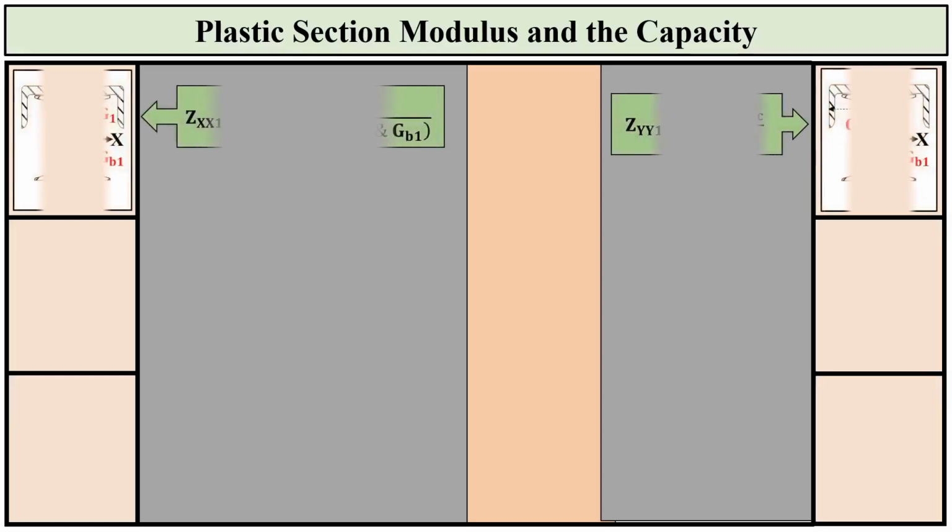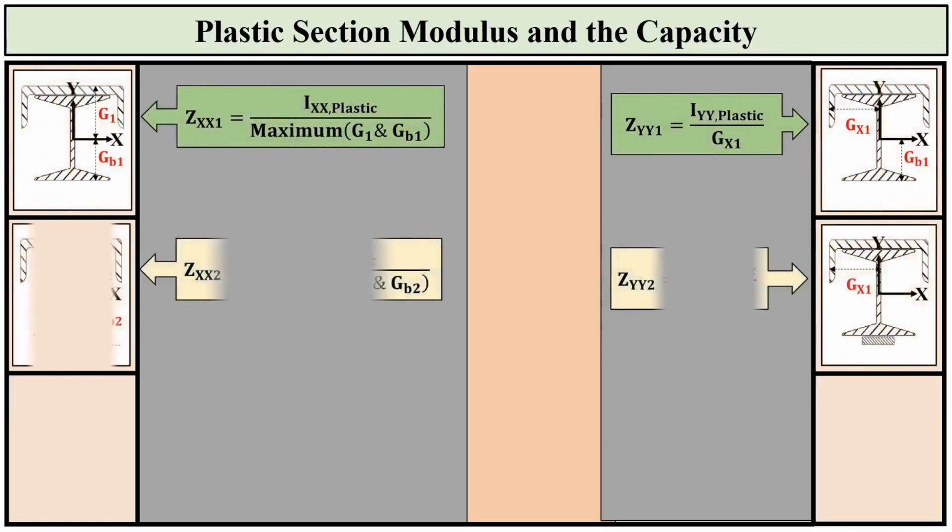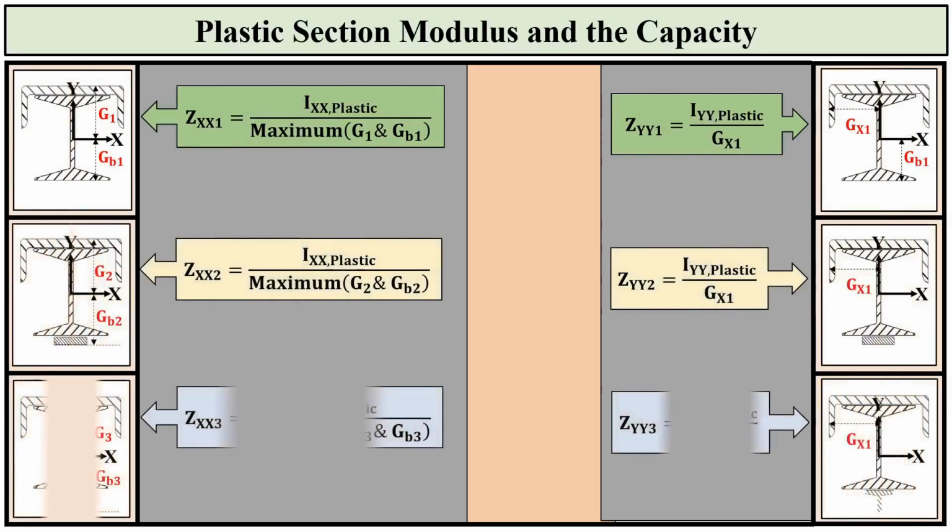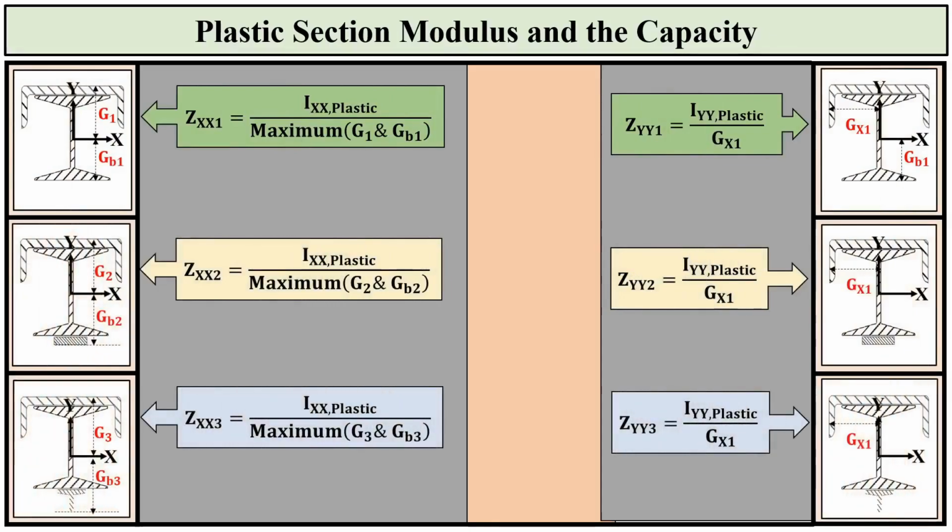Look at the left side of the slide. To find the section modulus ZXX, we divide the moment of inertia by the distance to the extreme fiber. For our three design cases, we take the maximum value of G and GB, which represents the top and bottom distances from the neutral axis.